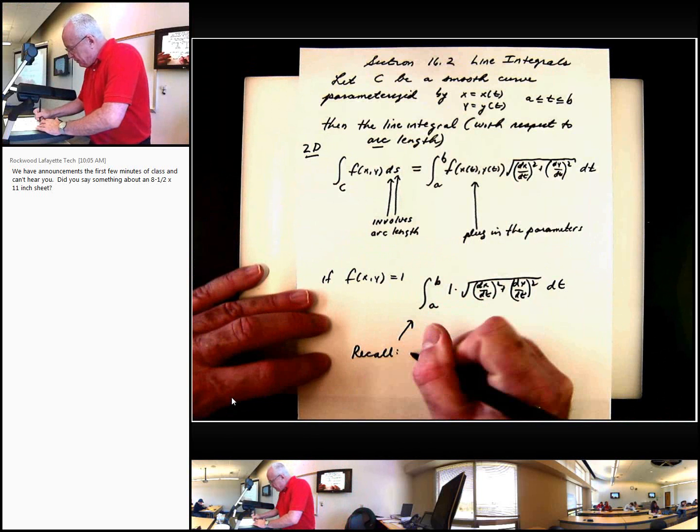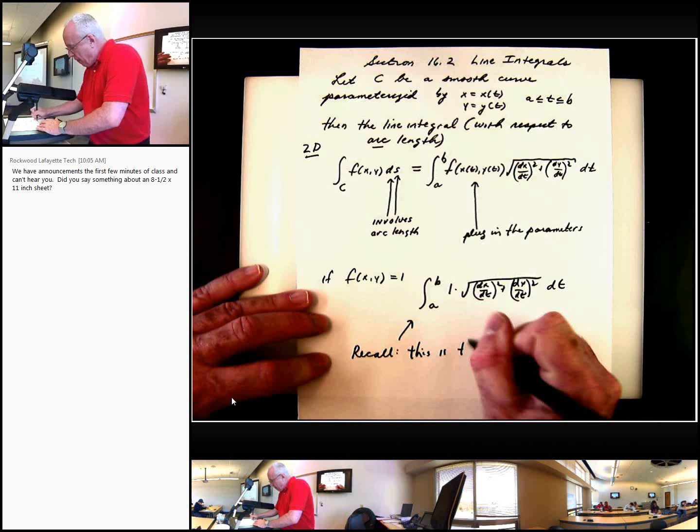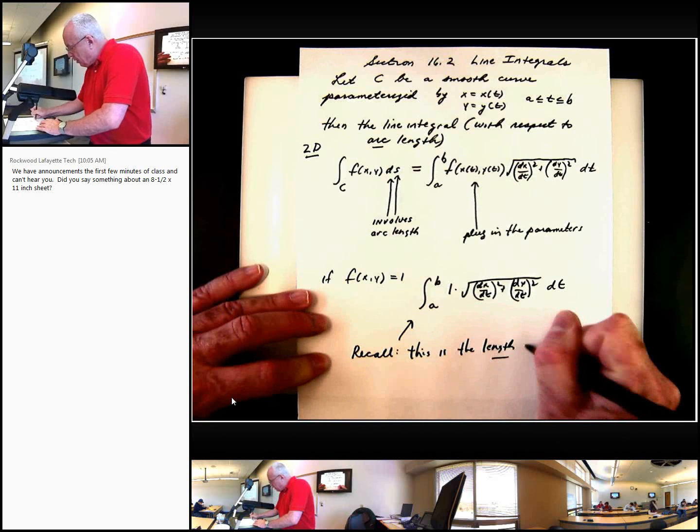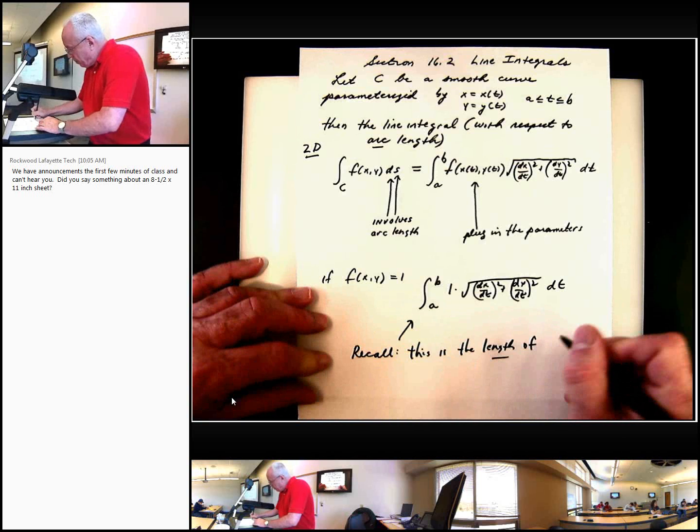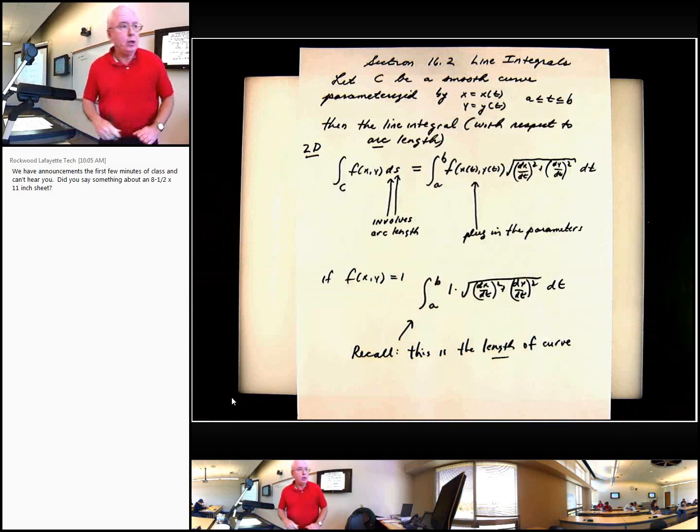And we have seen this formula earlier. Okay. All right.